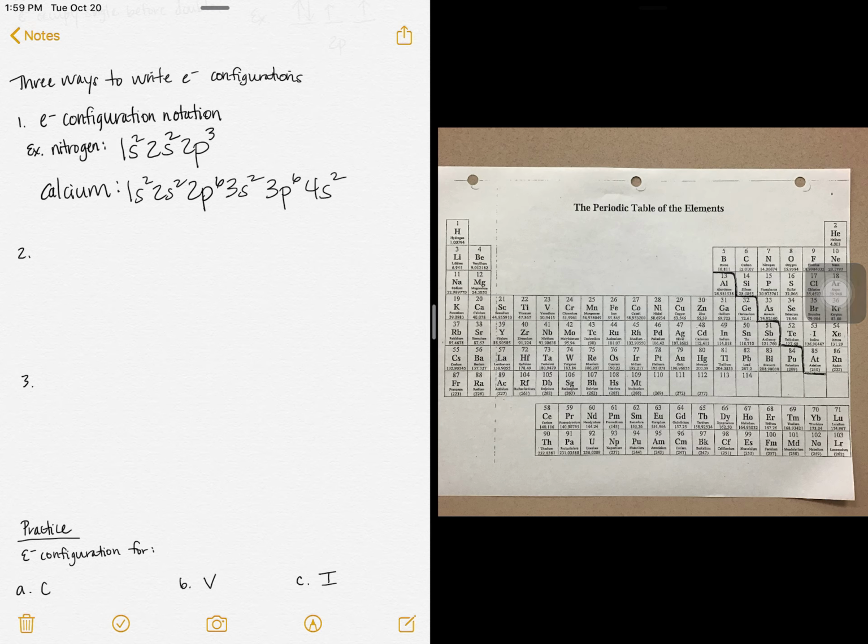And so that is calcium's electron configuration. So that's the first way to write electron configurations, and it's just called electron configuration notation.